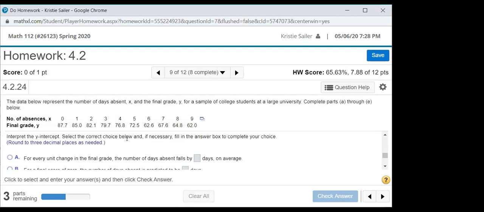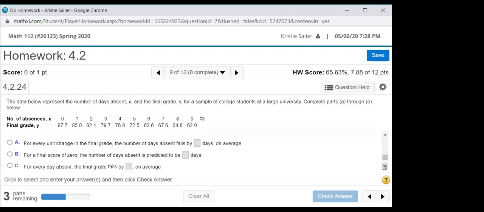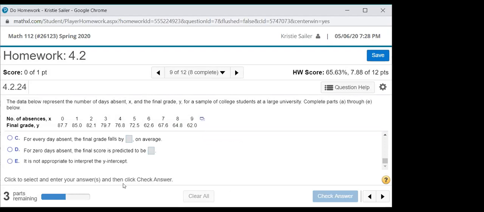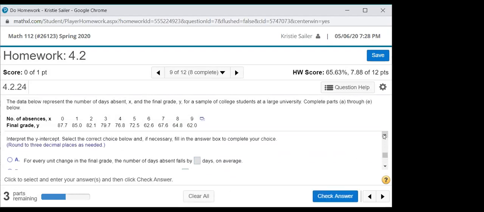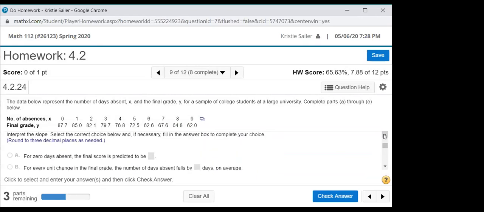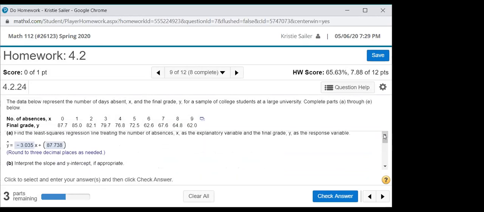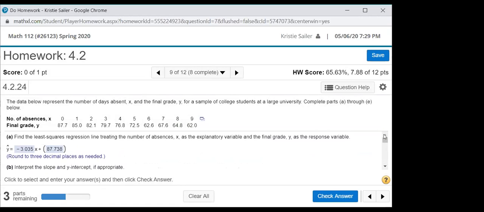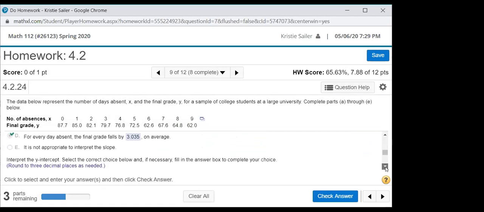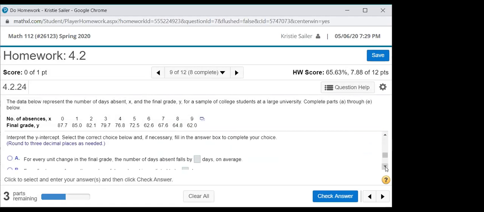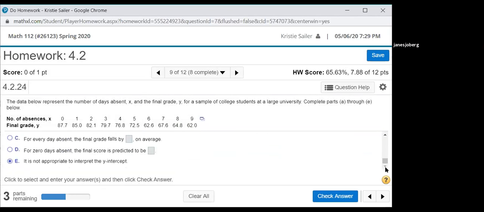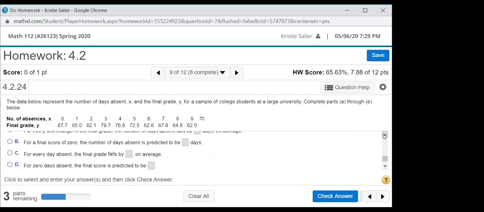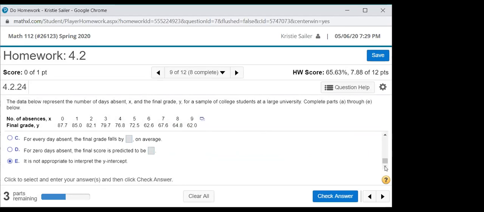Cool. And then the y-intercept, it's always not appropriate because, oh, maybe in this case it is though. Y-intercept is the final grade. Did you put it's not appropriate to interpret the y-intercept?